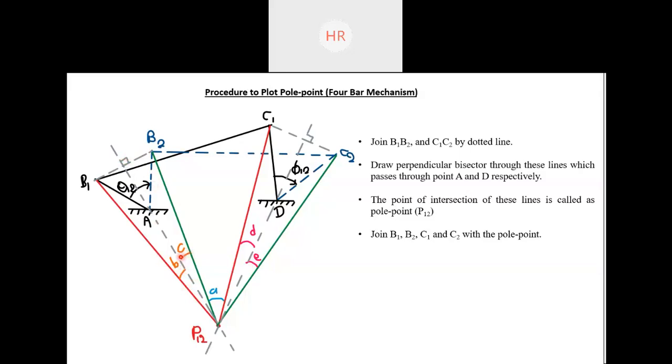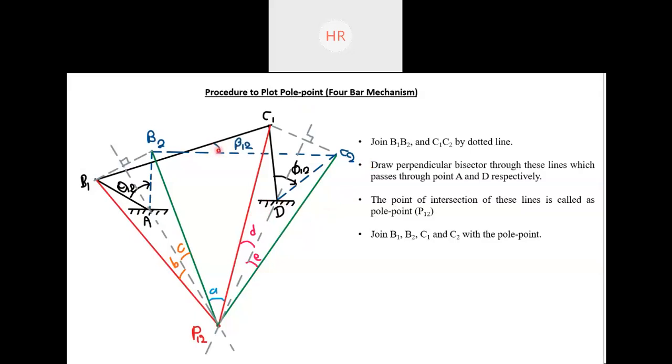Angle C is actually the angle between this bisector and the line joining the second position with the pole point. Similarly, this angle B is the angle between this perpendicular bisector and the line joining the first position with the pole point. Similarly, D and E for C1 and C2.